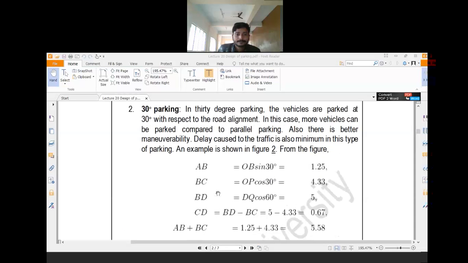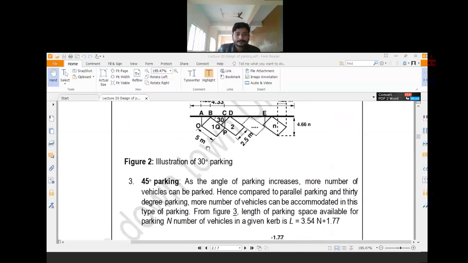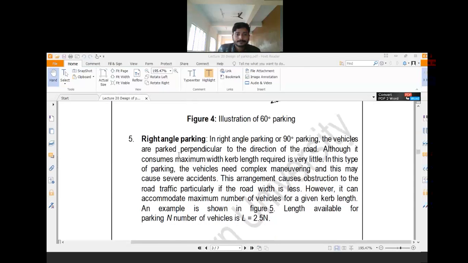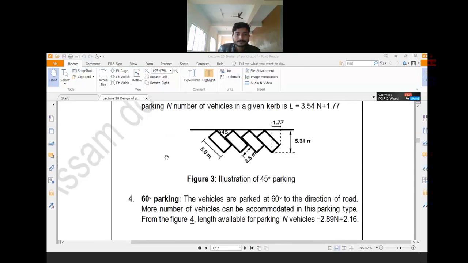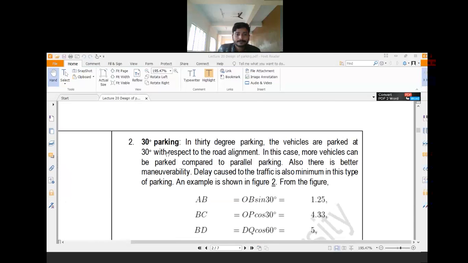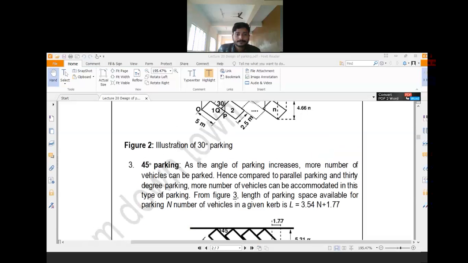Based on this angle, there are different types of angle parking, like 30-degree parking. This numerical portion is not required for you. There is 30-degree parking, 45-degree parking, 60-degree parking, and right-angle or 90-degree parking. One thing you have to remember is that as the angle of parking increases, it becomes more difficult, and the safety of the parking is reduced.